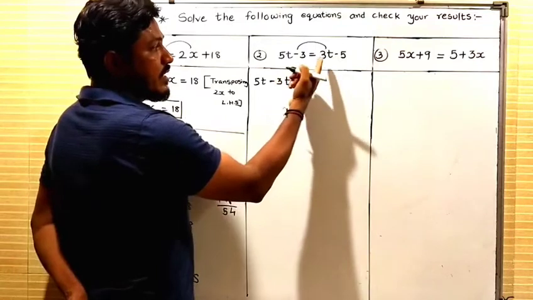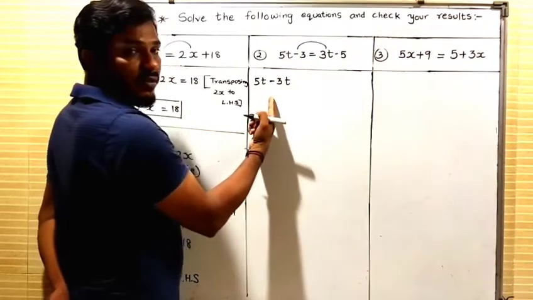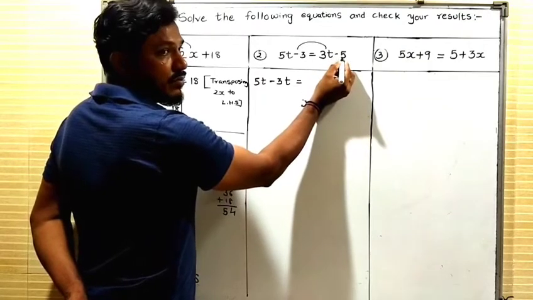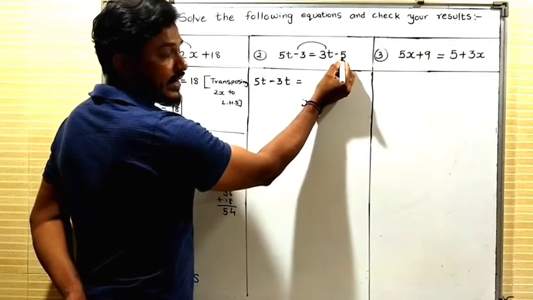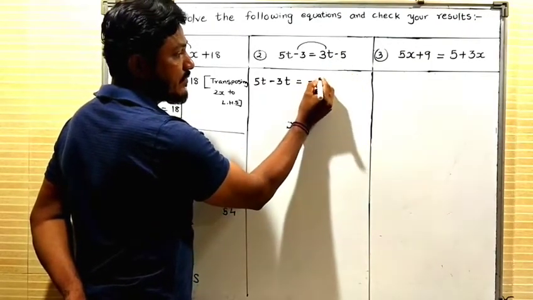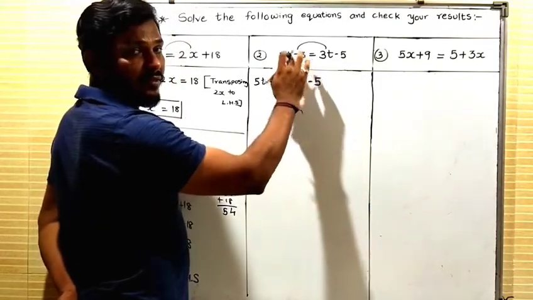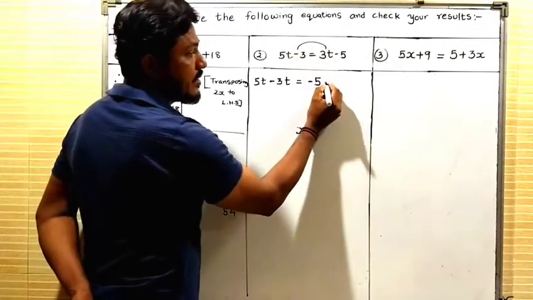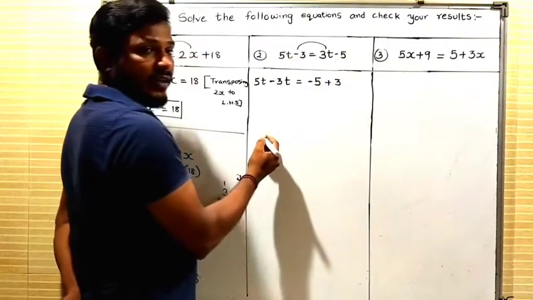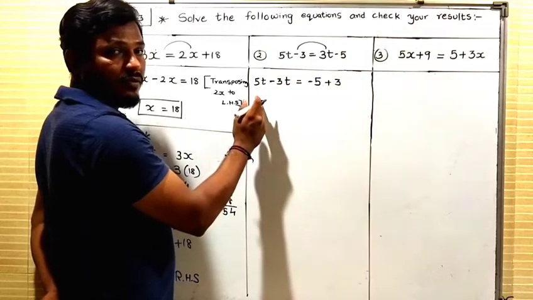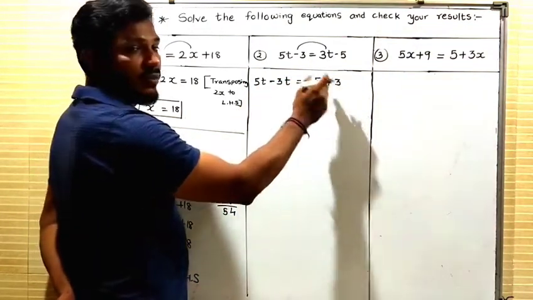So I transposed 3t to the left hand side, put the equal sign, and whatever is on your right hand side, that is negative 3t is left, negative 5 is left. And I will transpose this negative 3 to your right. The negative value will become positive. Now I brought 3t to the left hand side and 3 to the right hand side.